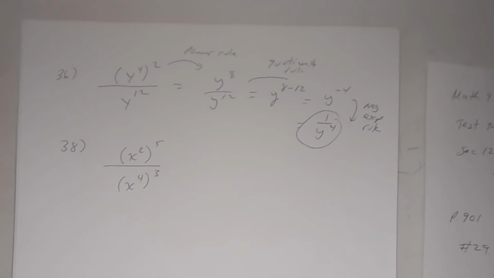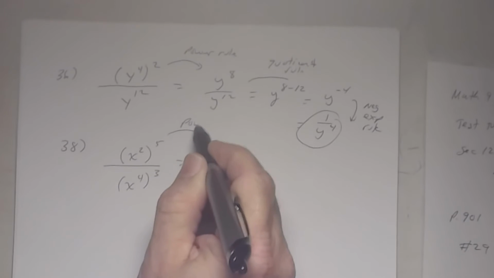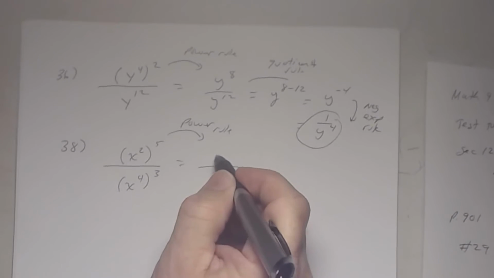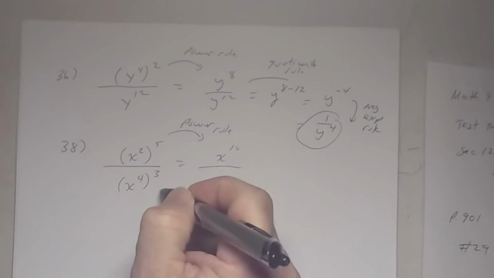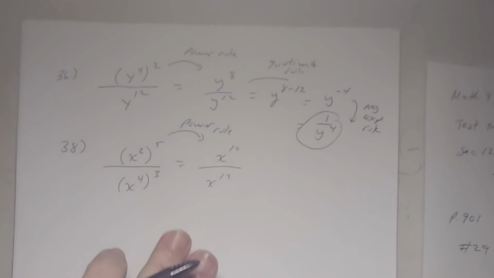What rule are you going to use first? The power rule in both the numerator and the denominator, right? So when I use the power rule, what's going to be the numerator? Okay, when I use the power rule in the denominator, what's going to be the denominator? X to the 12th, so that's where I'm at.